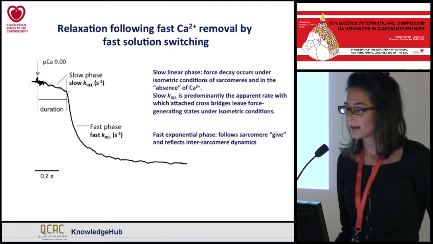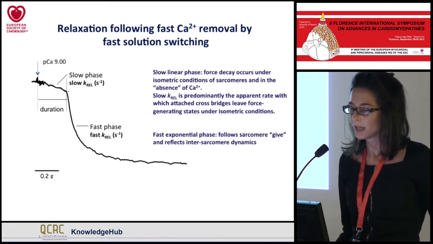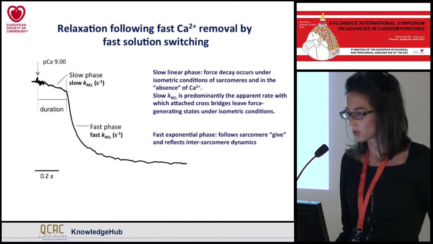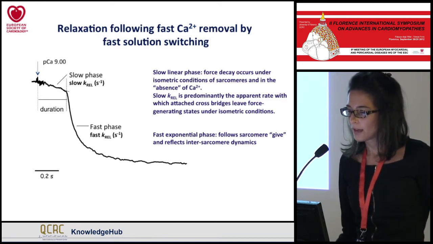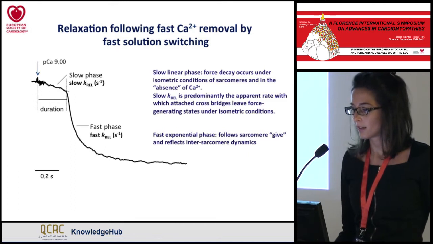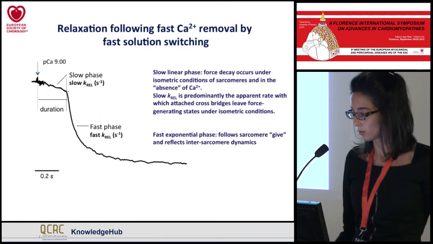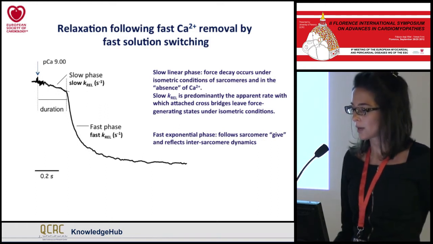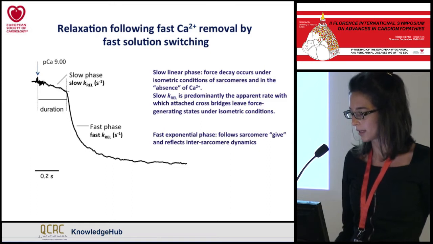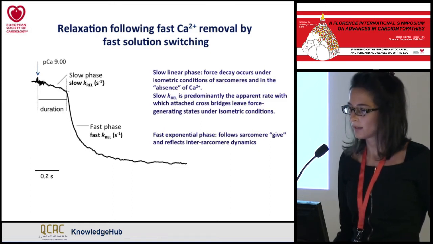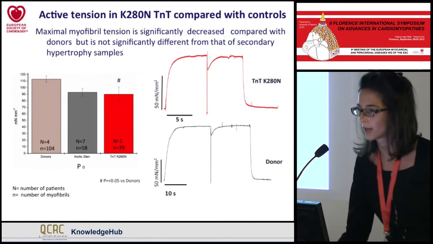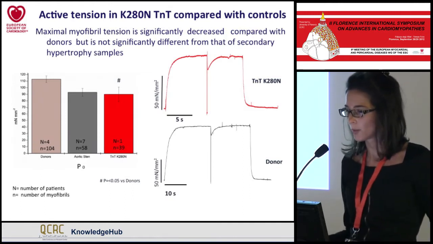The slow KRL, in fact, is the apparent rate with which attached cross-bridges leave force-generating states under isometric condition. The second phase is the fast phase. This is an exponential phase that doesn't occur under isometric conditions, and describes the give of the sarcomere, reflecting intersarcomere dynamics. So using these mechanical parameters, we analyze our samples.